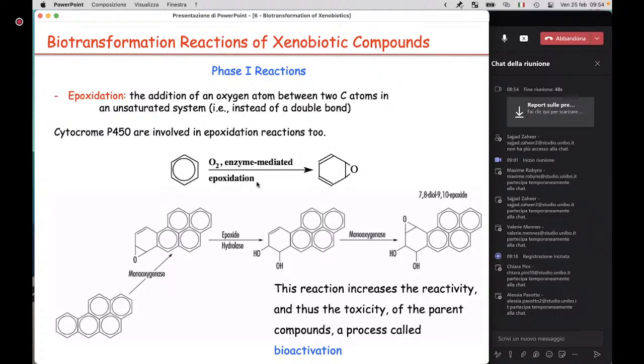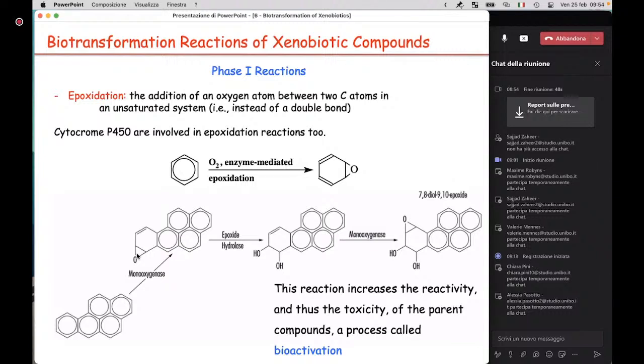Again, this kind of reaction is catalyzed by cytochrome P450. This reaction produces a very reactive compound, and as we have seen before, very reactive compounds are very dangerous.